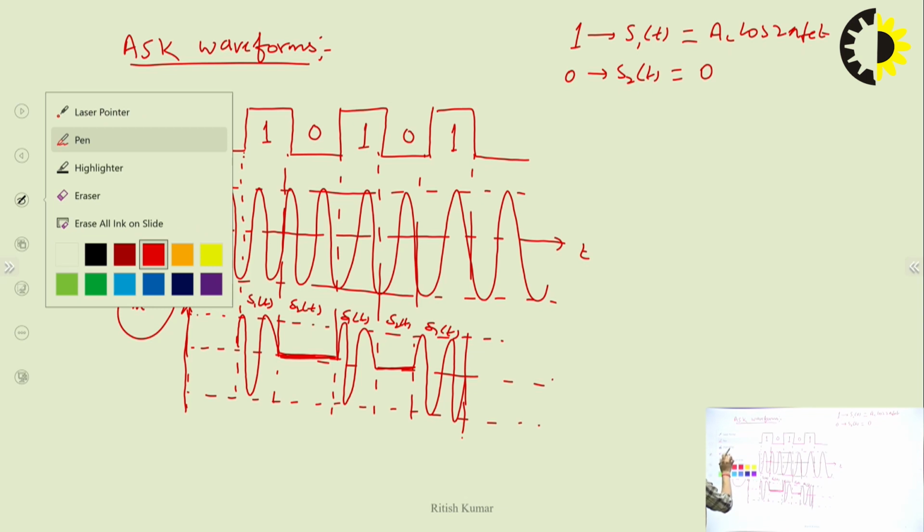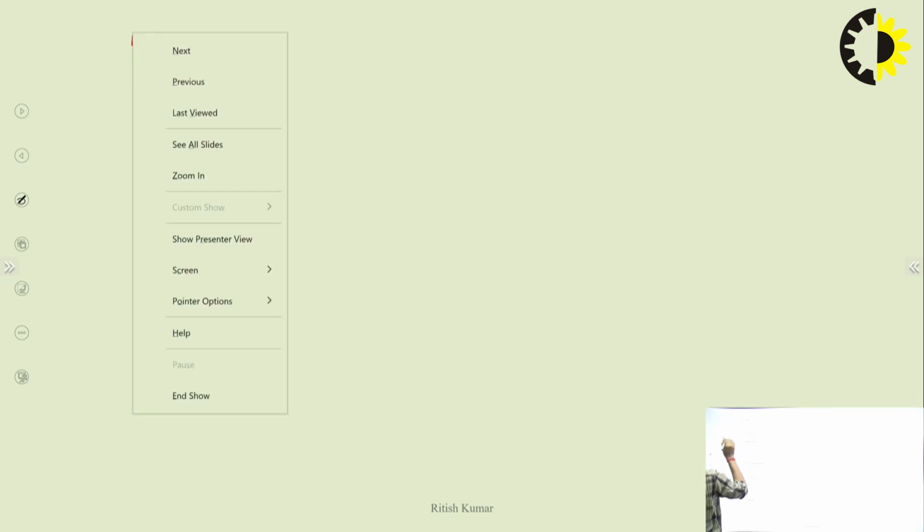Now, another thing, the bit energy, the energy of a bit, right?